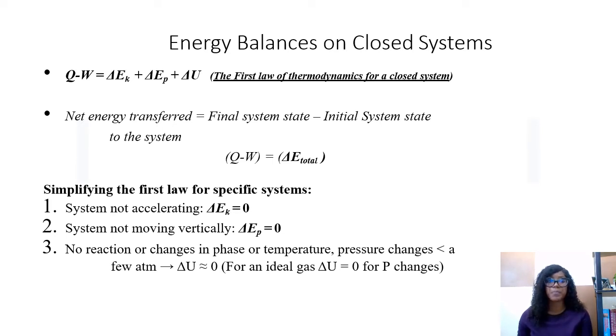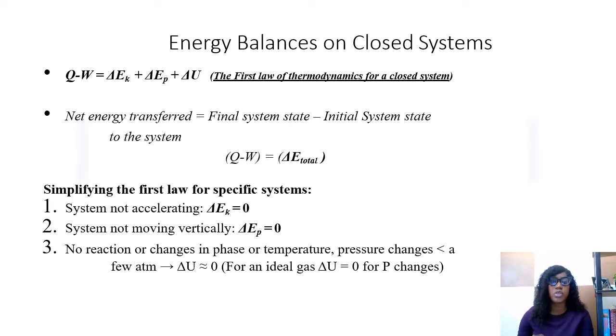Okay, now if we simplify our first law for our system, we can eliminate certain variables, because that is the whole essence of doing an energy balance. We need to simplify our equation based on the variables that we have, or the things that are happening in our system.